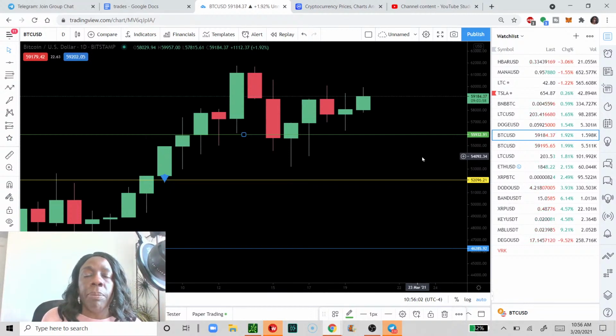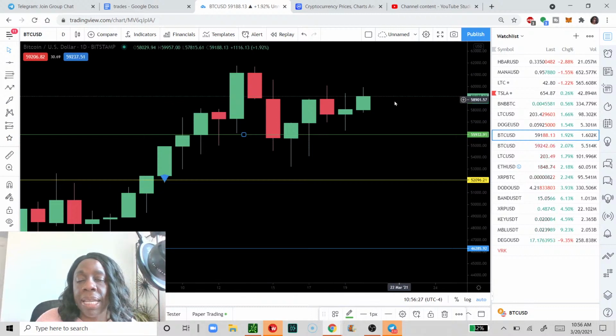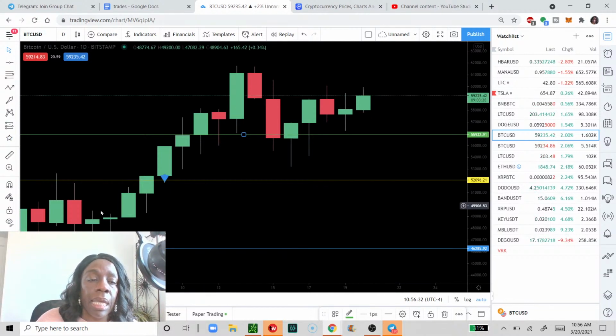But setting your buy orders and your stop loss orders is akin to using a bot, because you set up the time to buy. For instance, at the time of this dip here, if I want to buy back up, right now it's at 59. When I say it, I mean Bitcoin USD is at 59 and change.